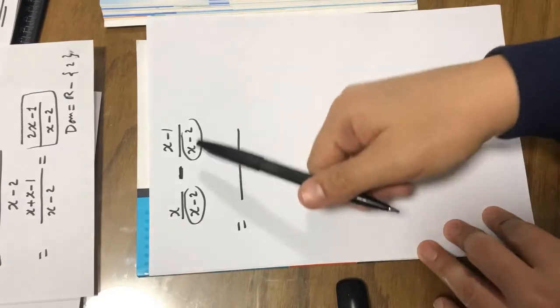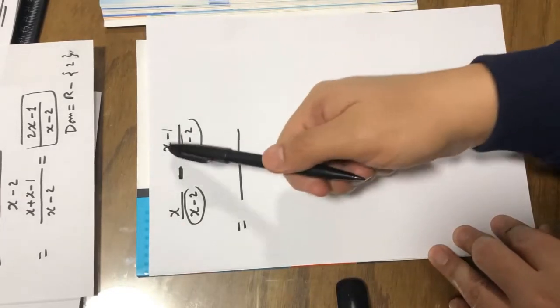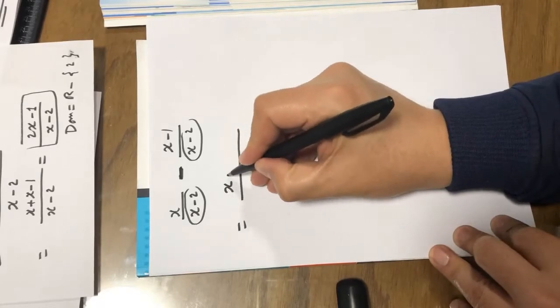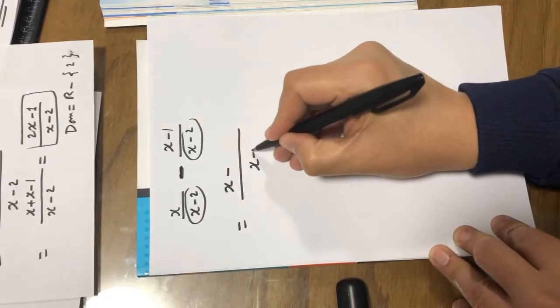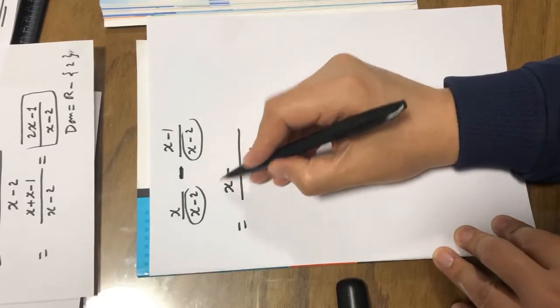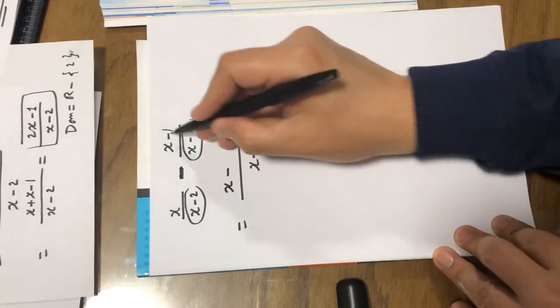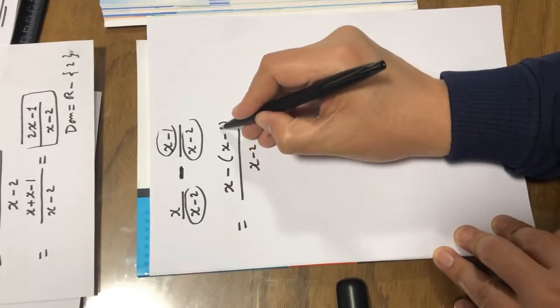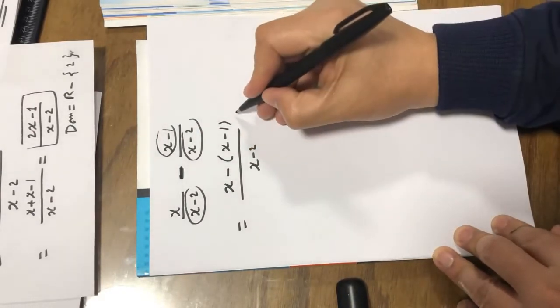Everything is in simplest form, it's ordered, the arrangement is right, so we do this. The denominator is the common denominator, the subtraction of the numerators in order, x minus what is in here. So we should put it in brackets, otherwise it would be wrong.